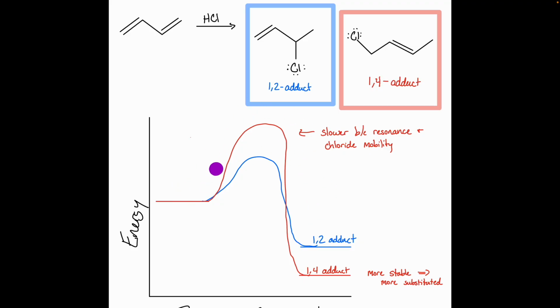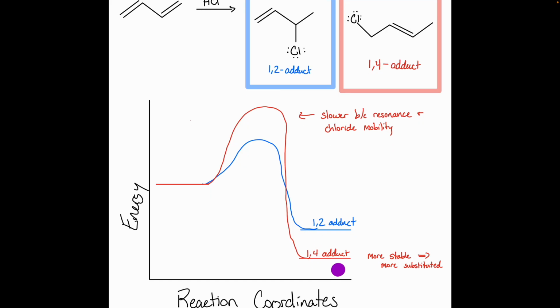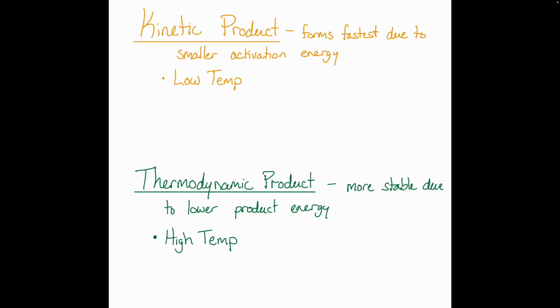So it can make it over that larger activation energy barrier to get to the 1,4 adduct, no problem. And even if it does jump over this 1,2 barrier here, it can go back the other direction. It's going to go back and forth until it settles at the lowest possible energy state, which according to this diagram is our 1,4 adduct. So at high temperatures, we get our thermodynamic product, whichever one is the more stable, or lower free energy on the product side.